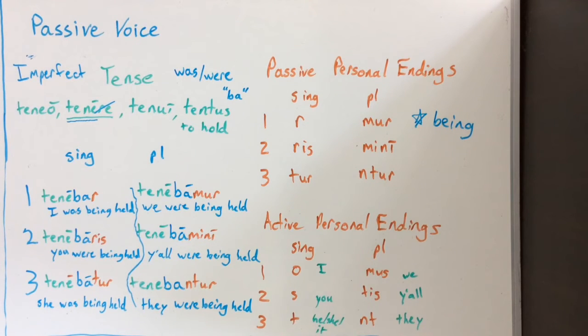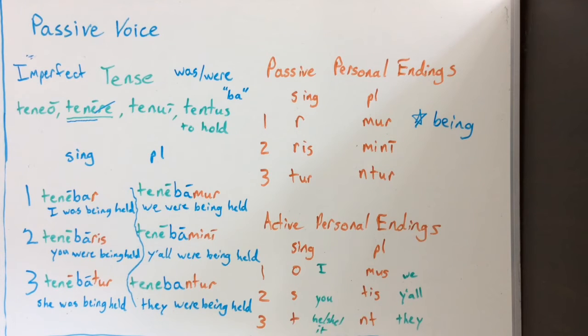So notice in all of these instances, I'm still using that being helping verb to indicate that the subject is getting verbed because this is a passive verb. So the marker was being held by me.